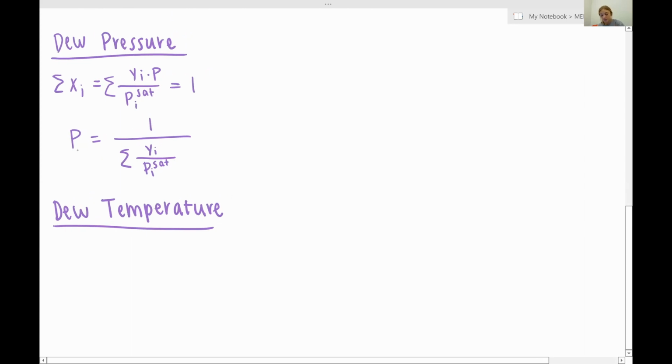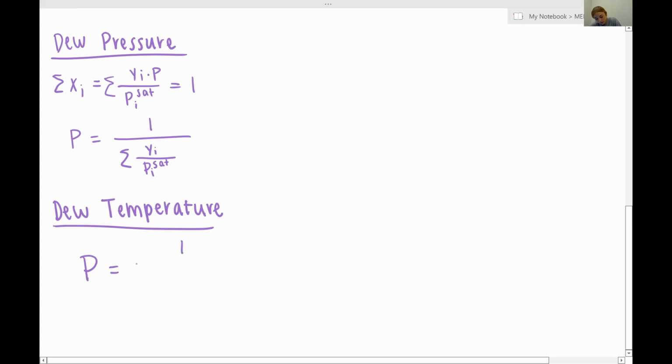So looking at our dew pressure expression in terms of dew temperature, we know our pressure this time, and we still know our mole fraction in the vapor phase. But again, we don't know our saturation pressure, and that's because we don't know temperature. So again, we're just going to be doing a substitution.